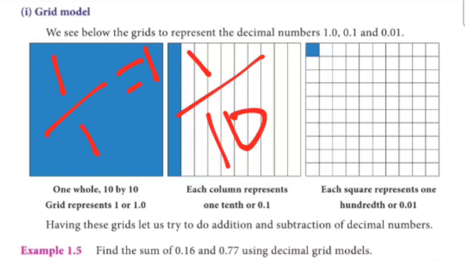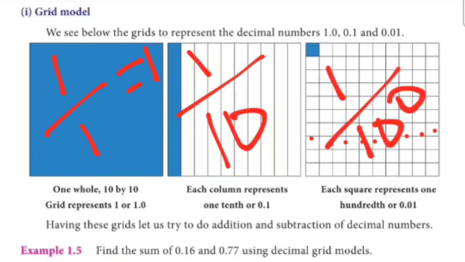In the last one we have 100 boxes, and out of that 100, one box is shaded, so 1 by 100. So the first picture represents the whole part, the second represents 1/10, that is the 10th place value, and the last represents the 100th place value. Using these pictures we are going to see one example, example 1.5.